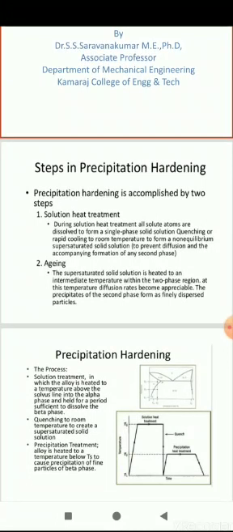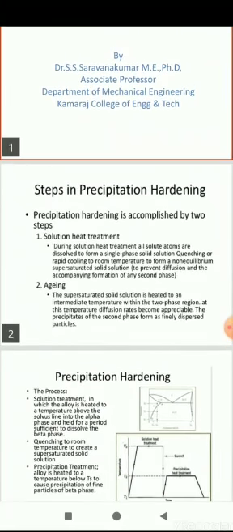We have to raise the temperature, and above 660, all the solute atoms are dissolved and form a single phase solid solution. This is followed by a rapid quenching process.